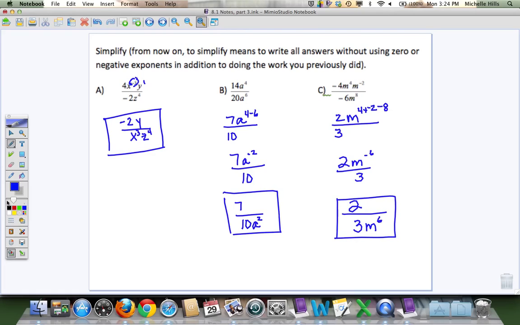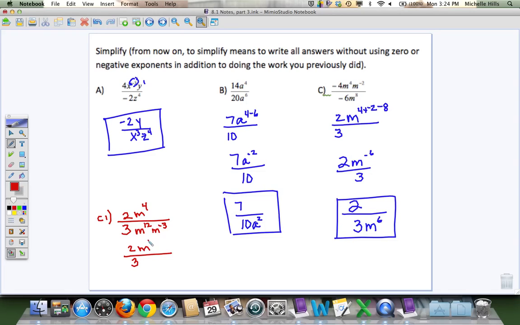Now, if this had been like this instead, we're going to do example C1. If, let's say, we don't even have to reduce this, if it was 2/3 already, if it was m to the 4th over m to the 12th, m to the negative 3rd instead, I would try to reduce this fraction, which in this case I can't.